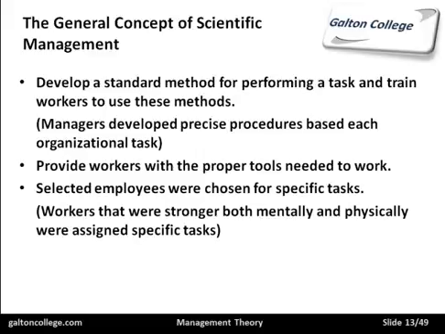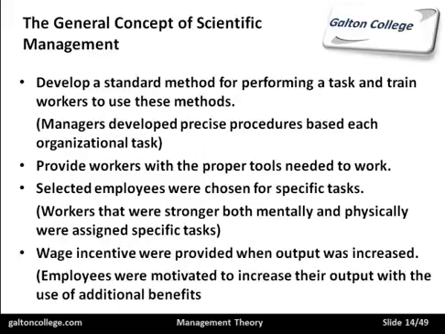So there should be a correspondence between workers and tasks. And wage incentives were provided when output increased, so that workers were not paid, let's say, per week or per month. They were paid per output, and that gave them more incentive to work.